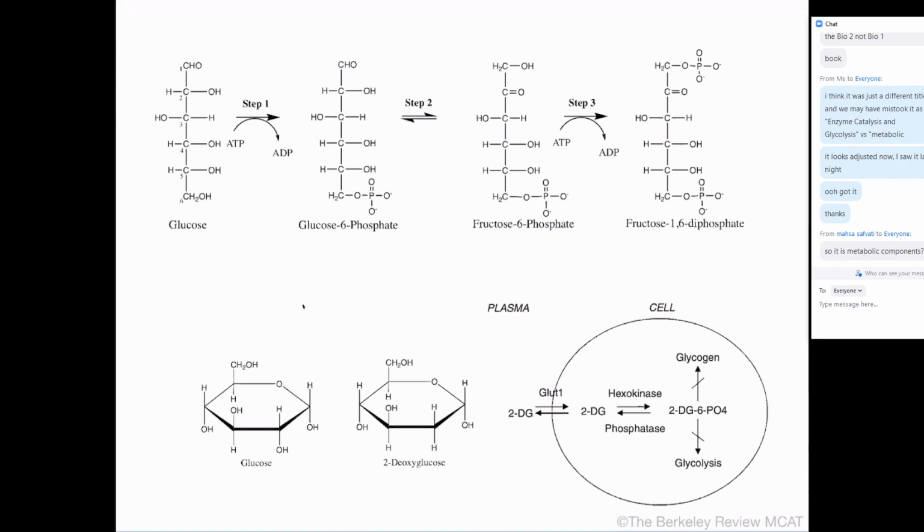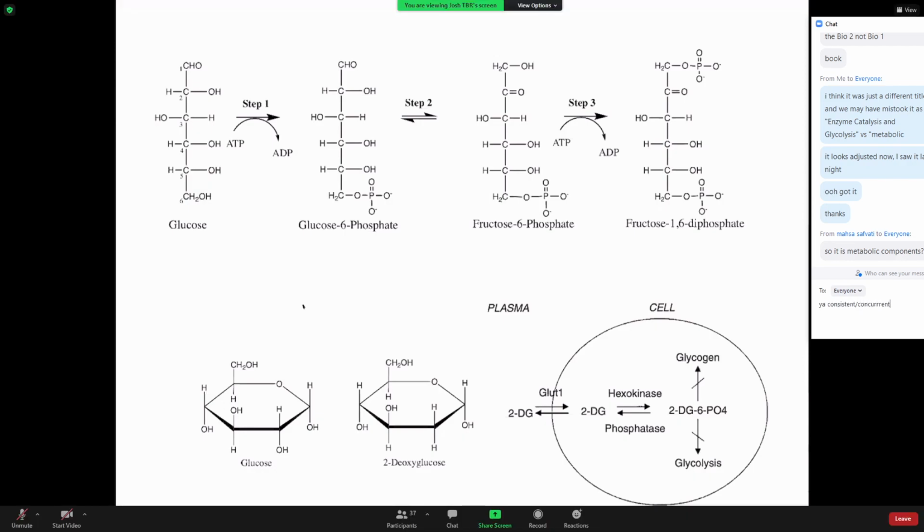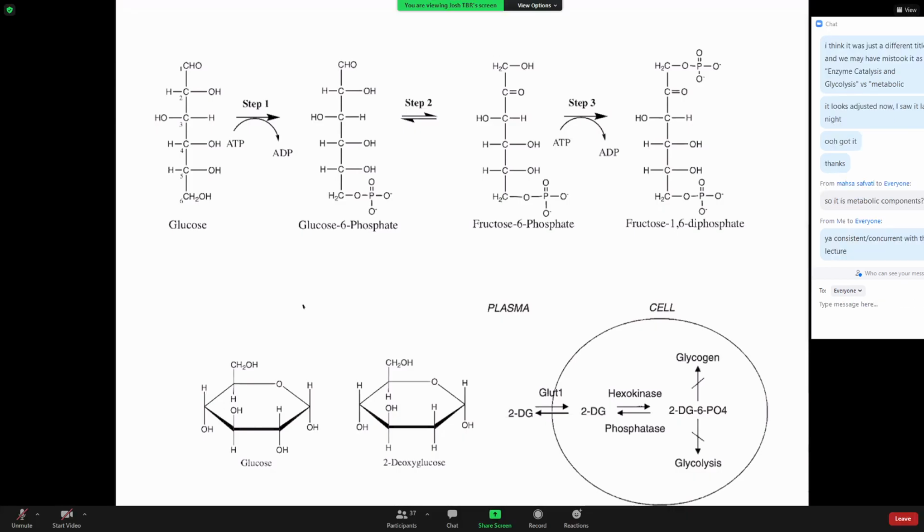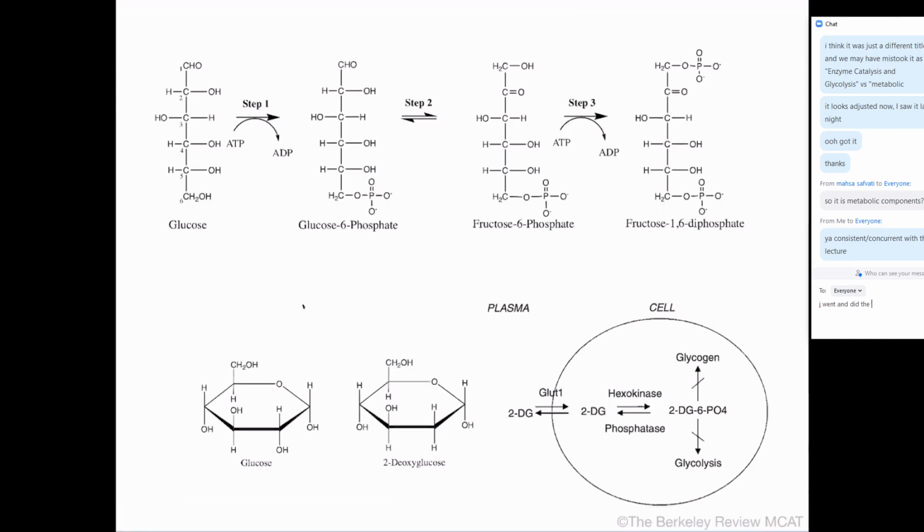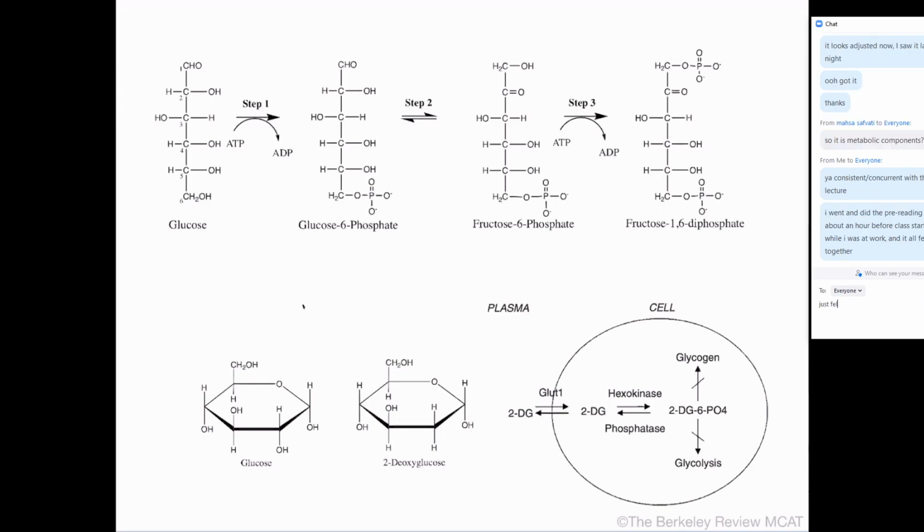It's not going to line up perfectly, but you just got to be on that topic. If you start flipping through the metabolic components chapter, if you've done the reading beforehand, you'll see it's all that stuff. The only thing that would be different is just because we're trying to get ahead on glycolysis now.